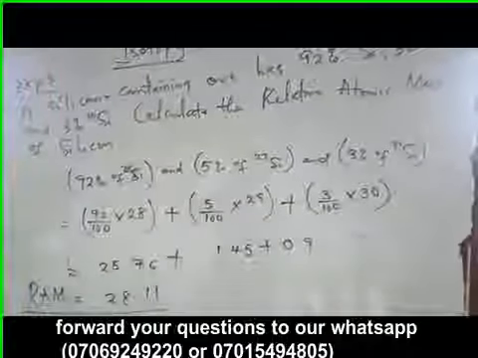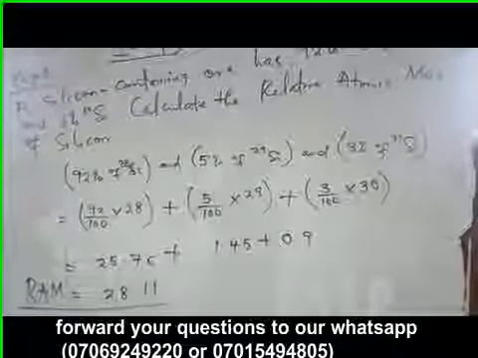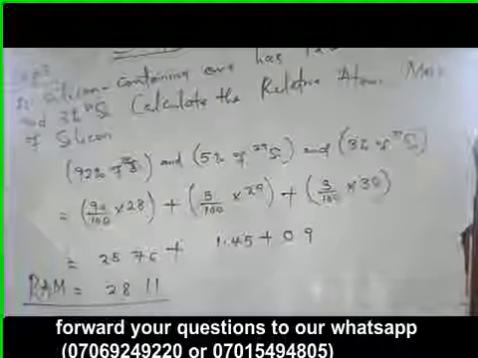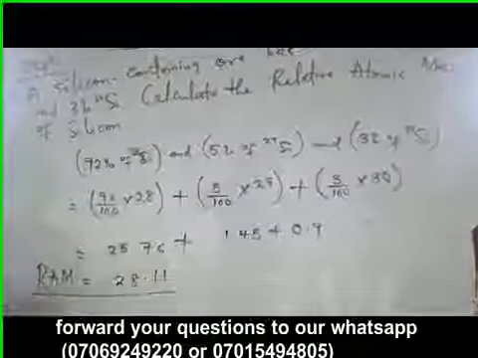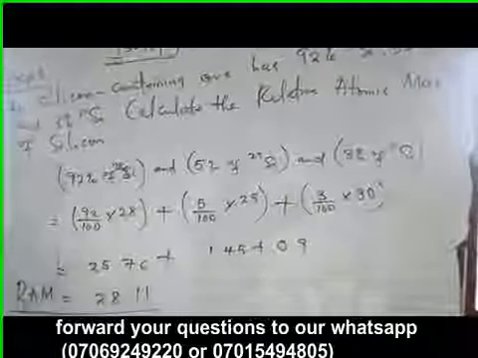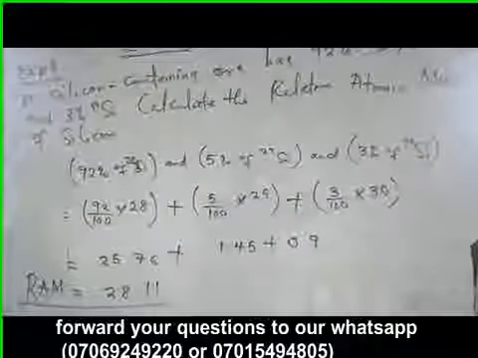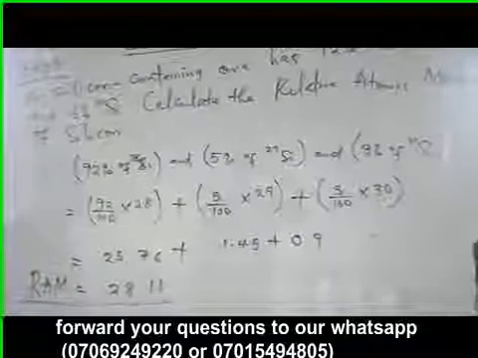Likewise, we have oxygen-16 and oxygen-17. We also have hydrogen: normal hydrogen has mass number 1, deuterium has mass number 2, and tritium has mass number 3.